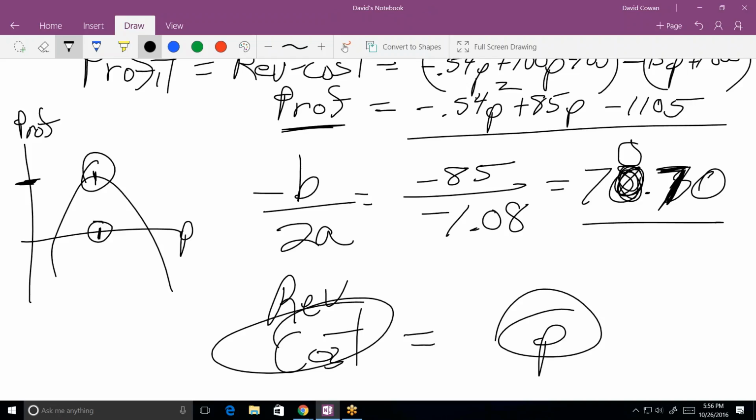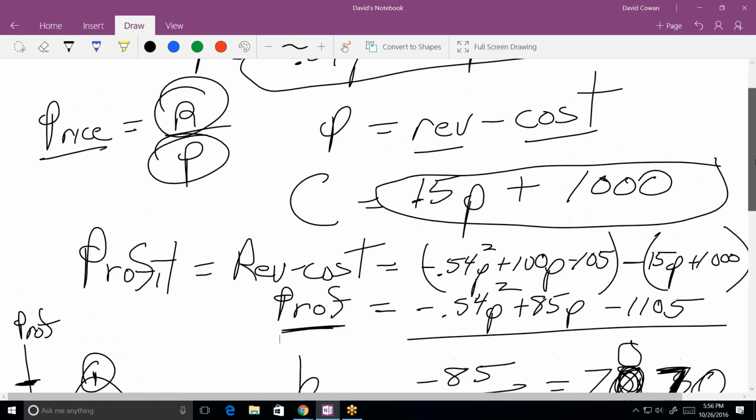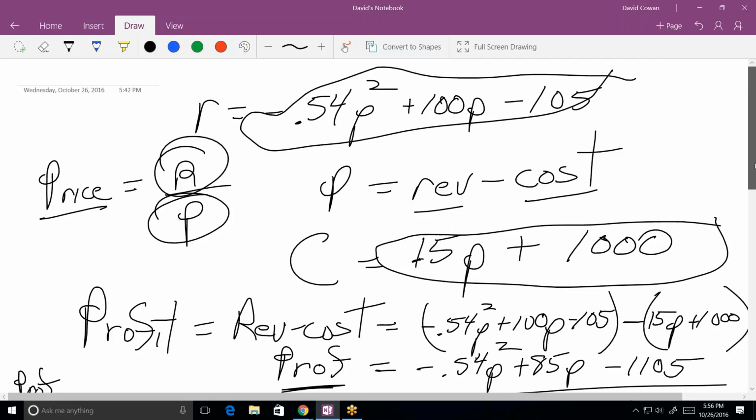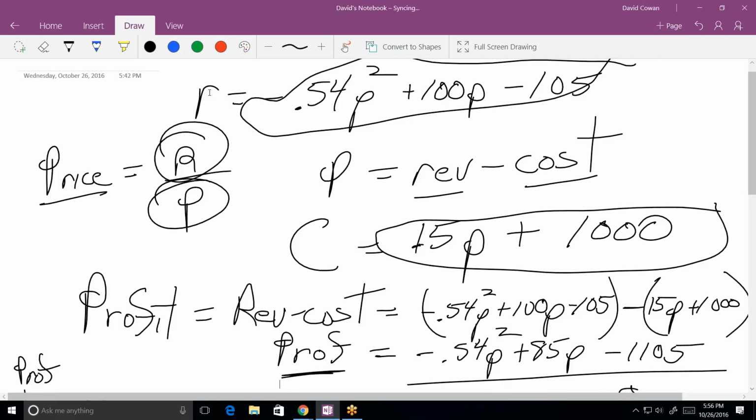It's weird how they gave us two equations. I don't understand why she would give us two different equations. Well, I think she's trying to impress upon you the fact that the revenue quadratic is not the same as the profit quadratic. And therefore, when you maximize revenue, you're not really maximizing profit.